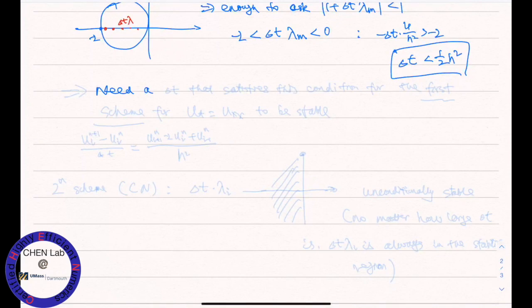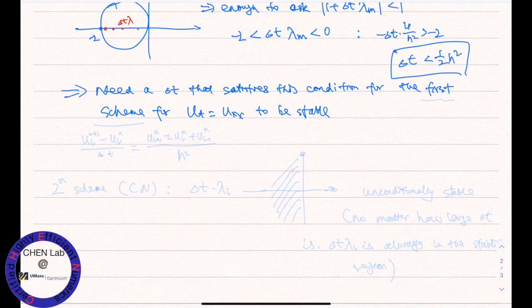We need a delta t that satisfies this condition for the first scheme for ut equals uxx to be stable.